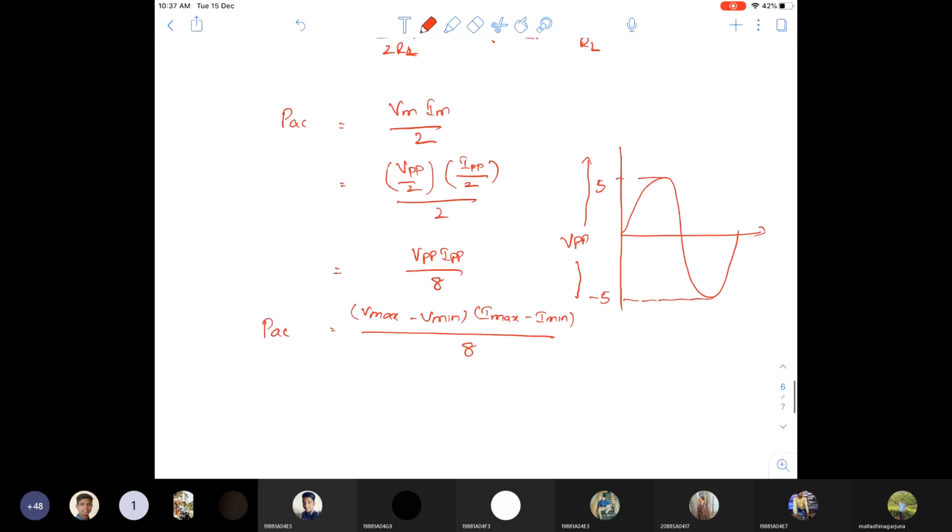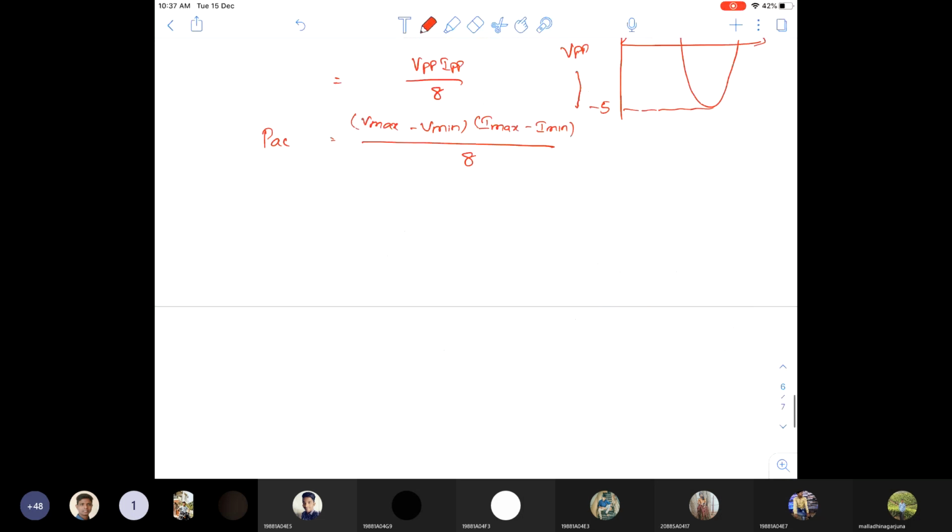So VPP is V max minus V minimum into I max minus I minimum by 8. Okay, so this is the PAC formula. Now efficiency eta is equal to PAC by PDC is the formula. Am I right? PAC by PDC. What is PAC now?